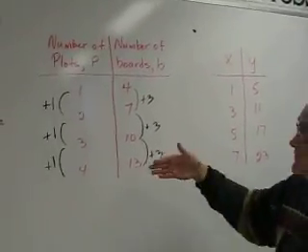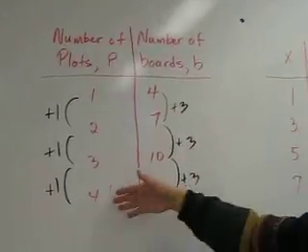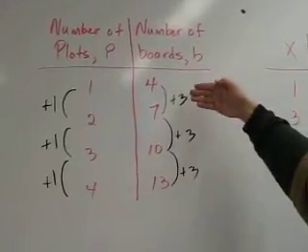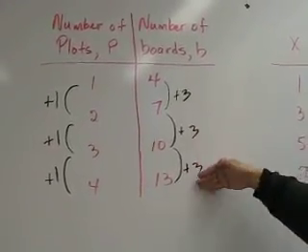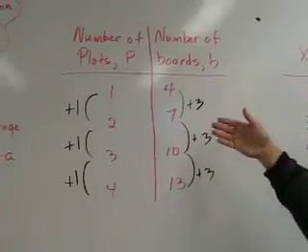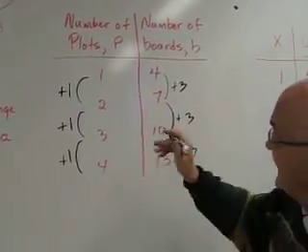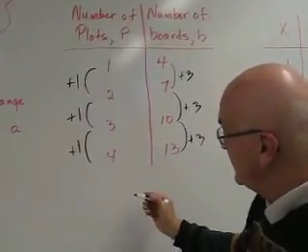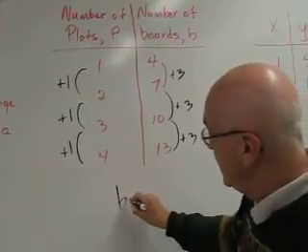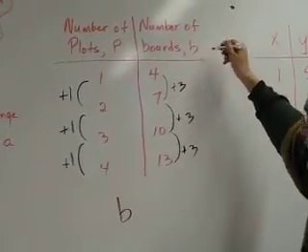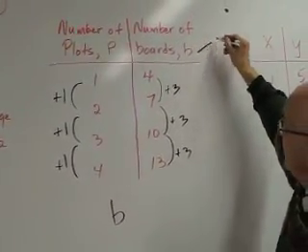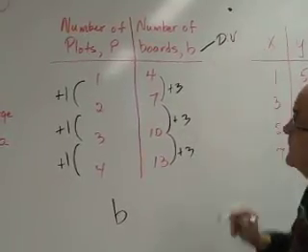Now, what we want to do is build a linear relation from this data. The fact that we have a repeated addition of 3 means that we're going to attempt to build a relation, and this is our dependent variable.